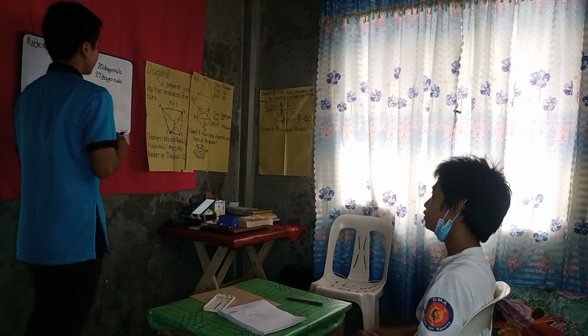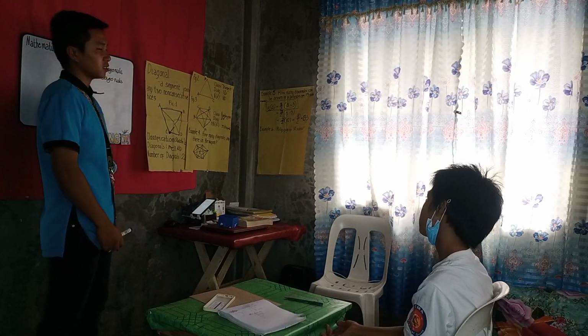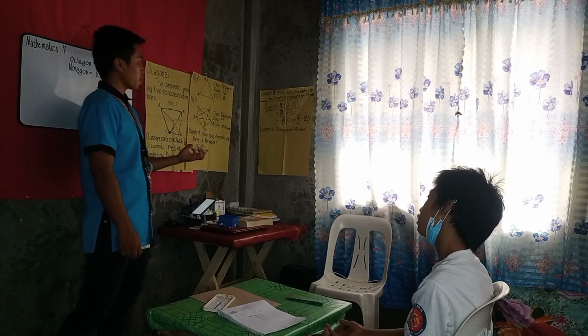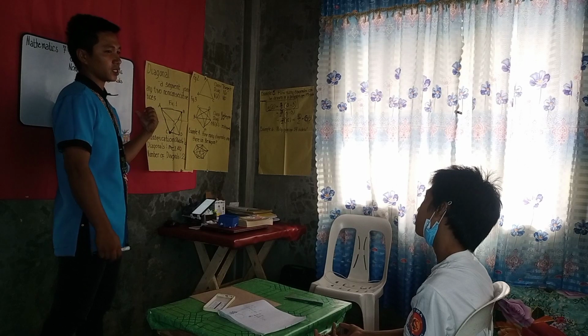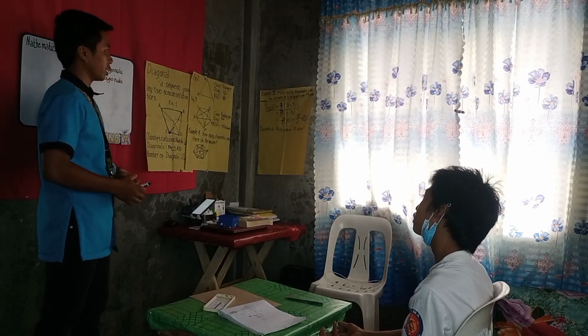So, madali lang ba siya gawin? So, as long as we know the formula on finding the diagonals of a polygon, we can easily determine the diagonals of a given polygon. Are there any more clarification or question?